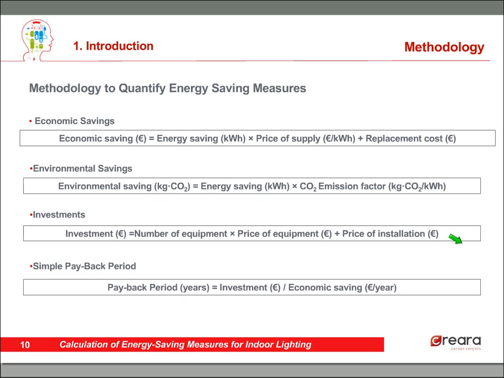And finally, the profitability. We usually use the simple payback period. Simple because we don't consider any evolution, increase or decrease, in the cost of the energy. The payback period, the time in which we get our money back, would be the investment divided by the economic saving.